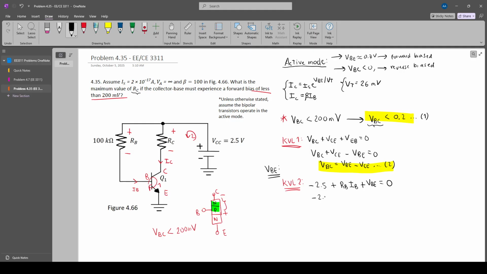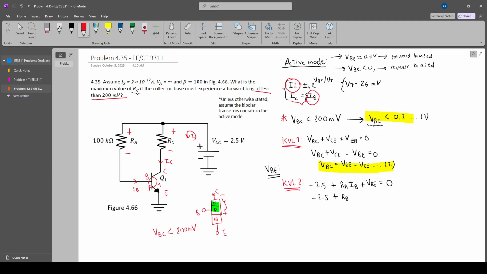So let's replace some values, okay? Let's plug in some values. So it's minus 2.5 plus RB times IB. And well, if we use this expression here, that only works in the active mode, we can get the value of IB in terms of IC, right? Since we usually don't use IB that much in these equations.